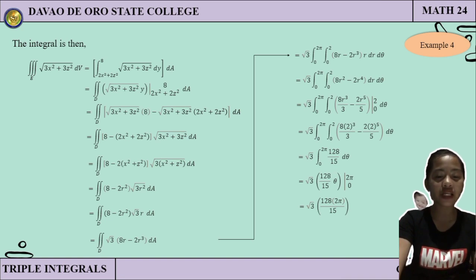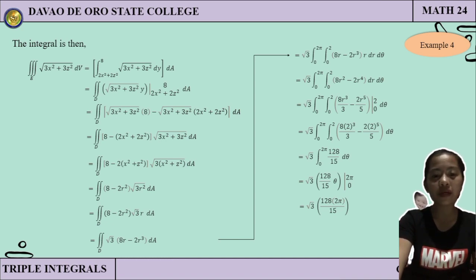Then the integral is the triple integral of square root of 3x squared plus 3z squared dV, which is equal to the double integral of square root of 3x squared plus 3z squared, y from 2x squared plus 2z squared to 8, as we integrate with respect to dy.